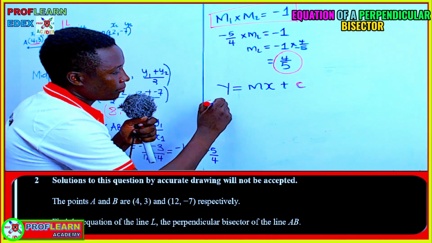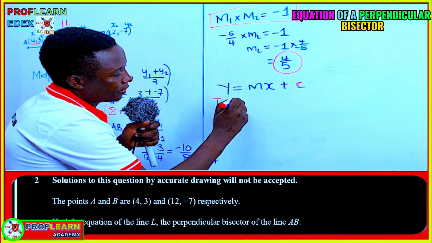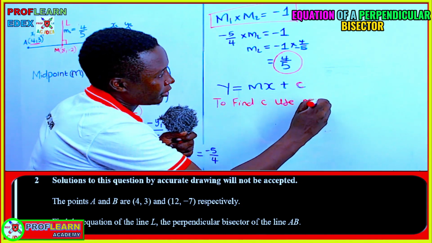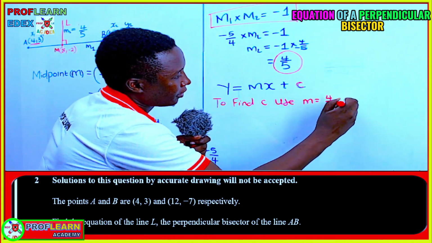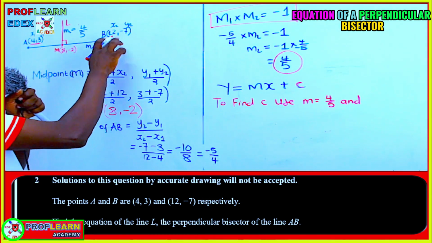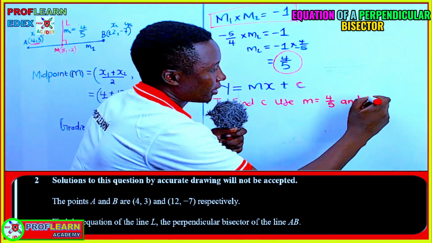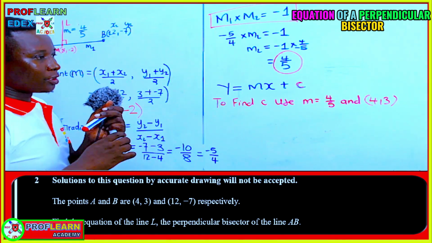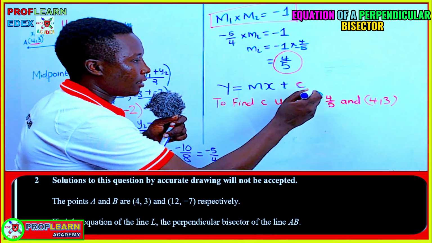Now, to find c, use m equals 4 over 5, and the point we're going to use is (4, 3). You can use any of these. So I've decided to use (4, 3), and I'm going to substitute these into the equation.